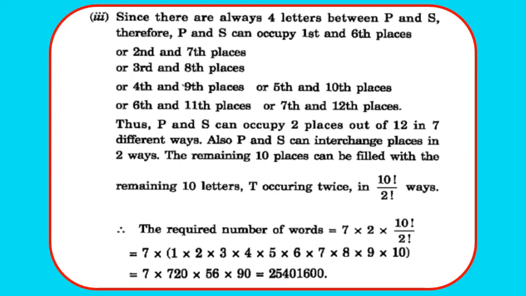Also P and S can be interchanged, P and S or S and P. The remaining 10 letters are arranged in 10 factorial upon 2 factorial because 2 T's are there. So the required number will be 7 into 2 into 10 factorial upon 2 factorial, which on simplification gives 25401600.